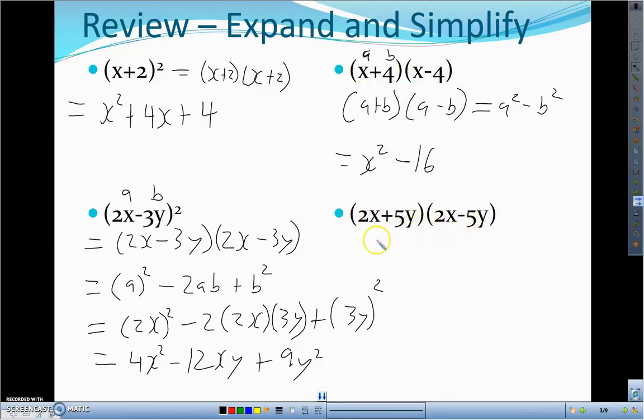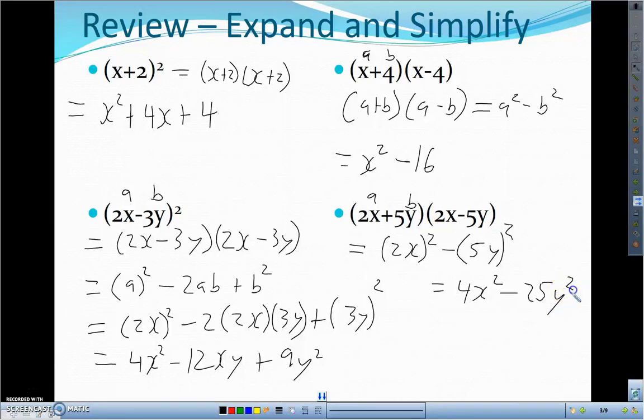This also follows that same idea. This is a, this is b. This is equal to 2x squared minus 5y squared, which is equal to 4x squared minus 25y squared.